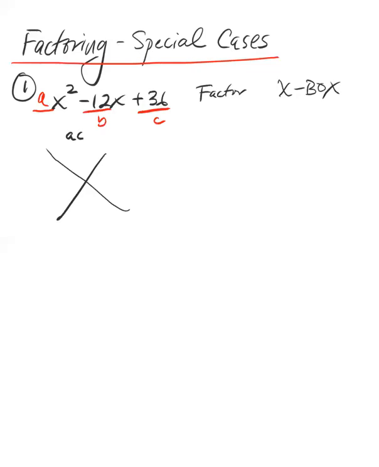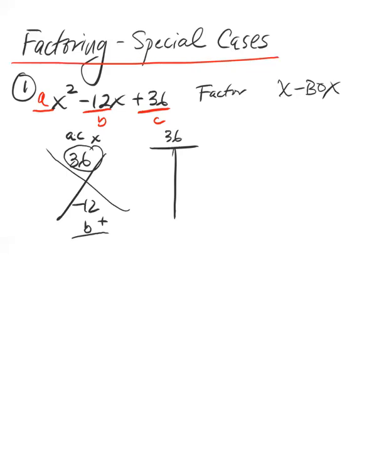And up here, it's a times c, and here it's b. So there's no number in front of the x squared, times the 36, that just gets me 36, negative 12. And so here, we need to find what two numbers multiply to get me 36, but add and get me negative 12.